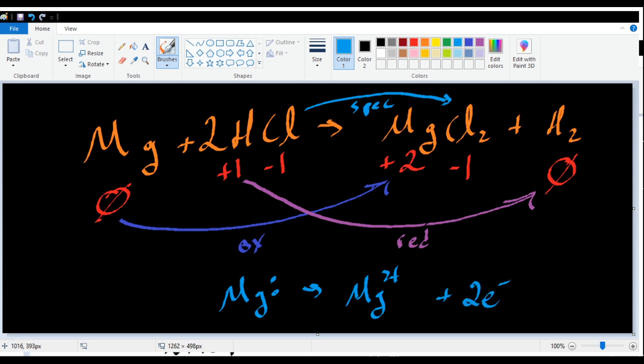It's losing those electrons, specifically to hydrogen. Hydrogen is going from H plus, gaining those two electrons to become hydrogen gas. So in this case, it is very explicitly an actual exchange of electrons.